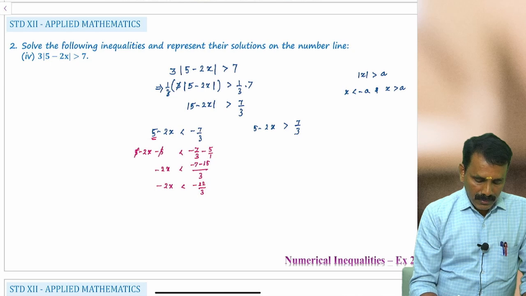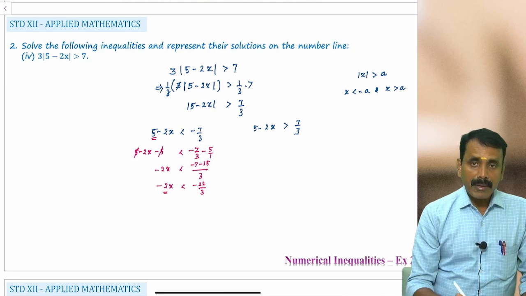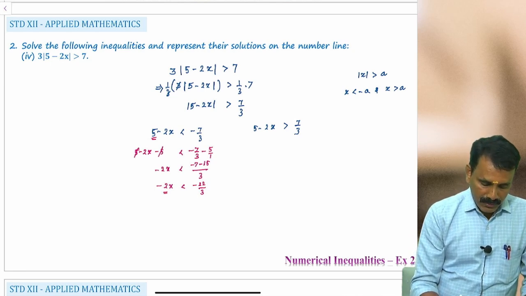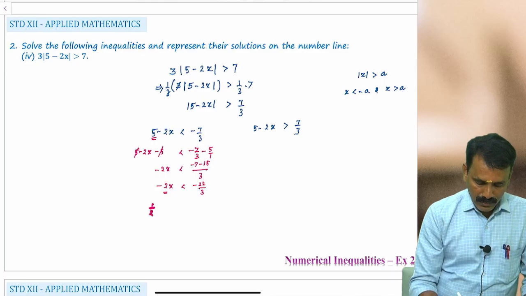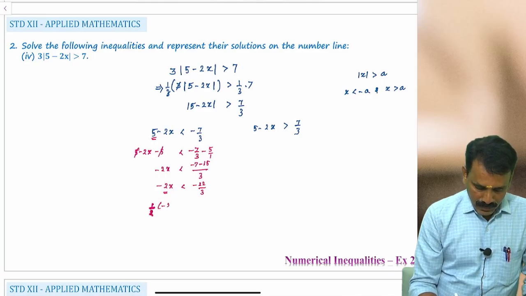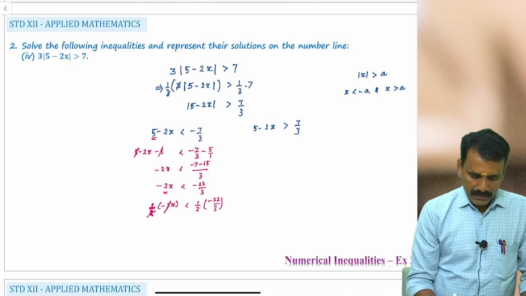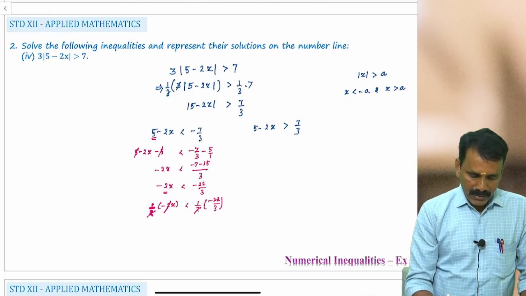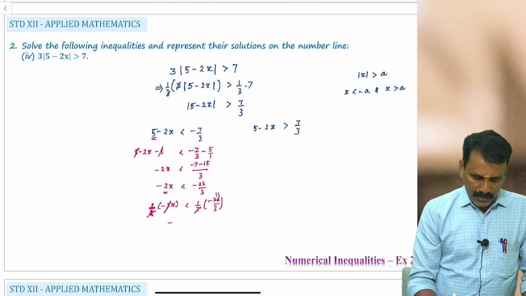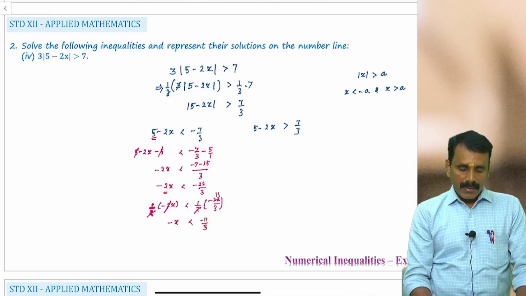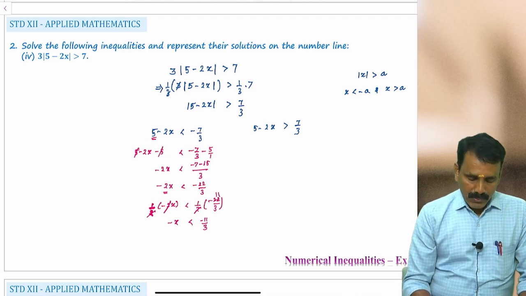Now, we try to remove this 2. So, multiply by the multiplicative inverse of 2, that is 1 by 2. So, 1 by 2 into minus 2x is less than 1 by 2 into minus 22 by 3. So, here 2 cancelled, we cancel 2 over here, it is 11 times 2 is 22. So, minus x will be strictly less than minus 11 by 3, but we have a negative sign. So, we try to multiply with minus 1 on both sides.